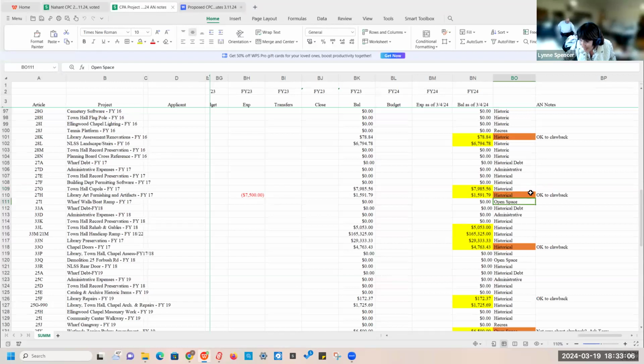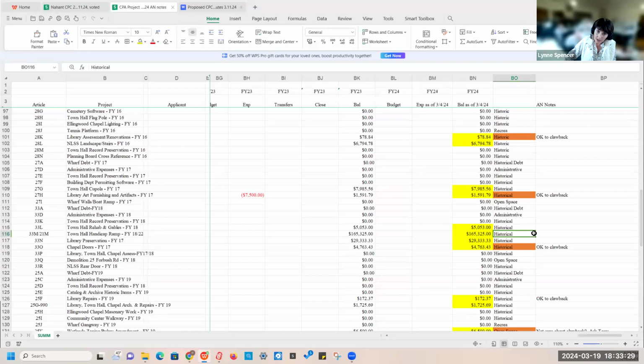Further down, we have more town hall projects. One of them has to do with some masonry work. There's a balance of $5,000 in that account. The other one is for $165,000 and change for the handicap ramp and handicapped access.